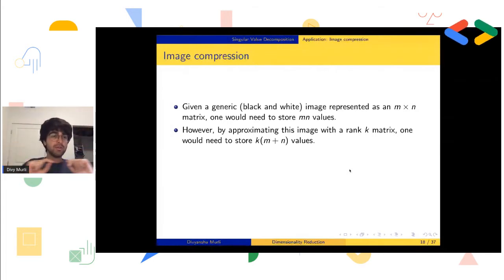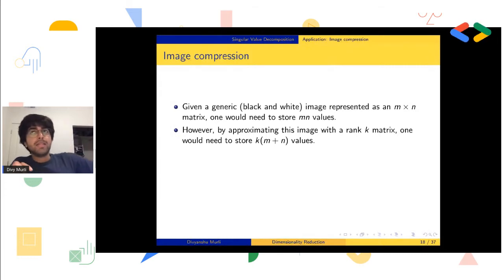So those are actually tensors, not matrices, because you have m by n and then a depth as well. For simplicity of demonstration, I'll just restrict to a black and white image. That's just an m by n matrix where each matrix element is a pixel value between 0 and 255.